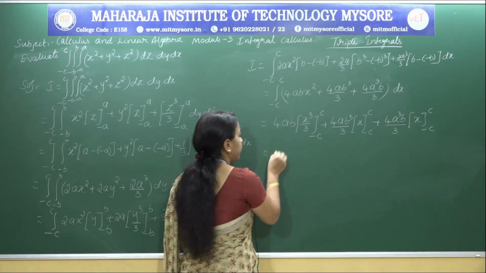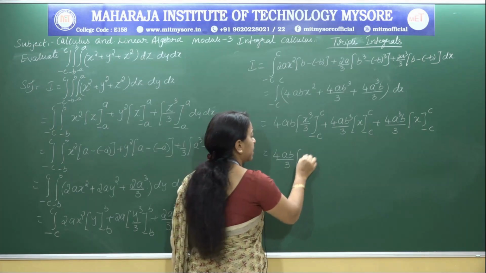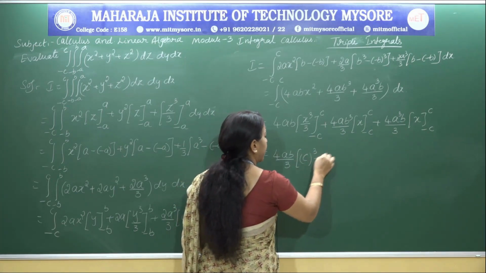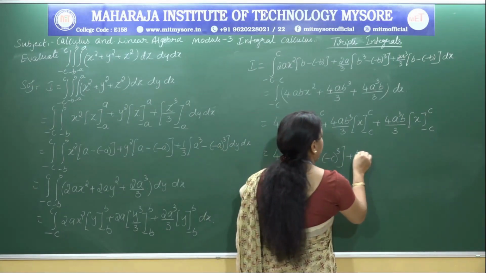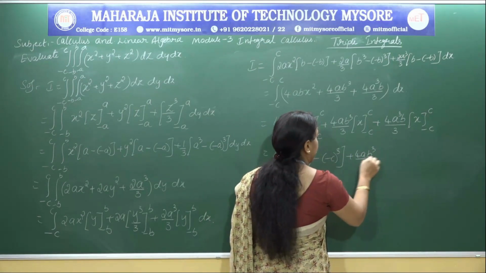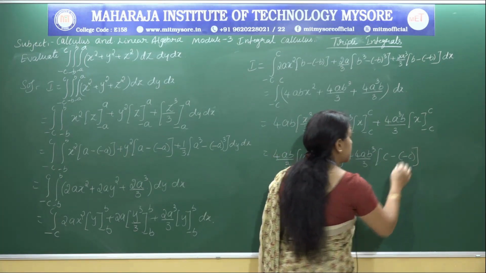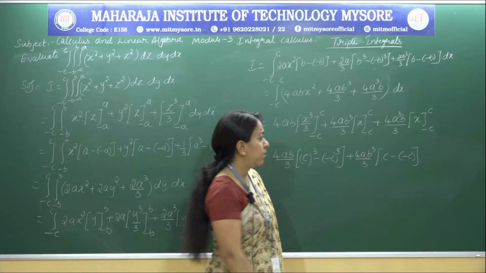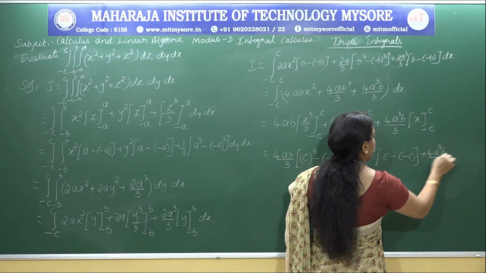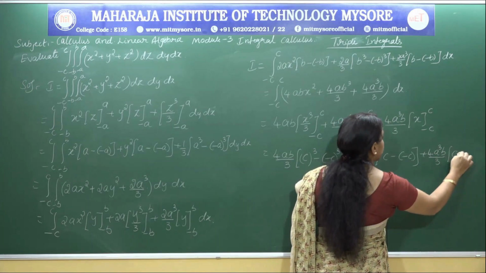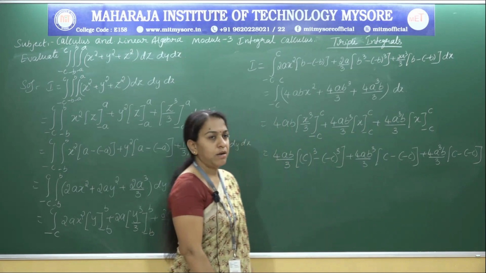Now apply the limit. 4ab by 3 common, upper limit is c whole cube minus of minus c whole cube, plus 4ab cube by 3 into upper limit c minus of minus c as the lower limit, and the last one plus 4a cube b by 3 into upper limit c minus of minus c, that is the lower limit.